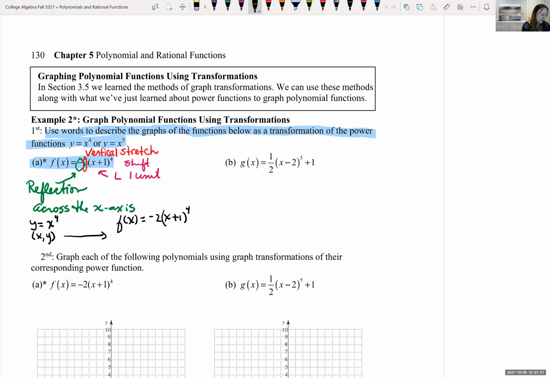Well, we're going to affect our x value by shifting it to the left 1, so we have to subtract 1 from it. And then our y value, we're multiplying that by a negative 2.